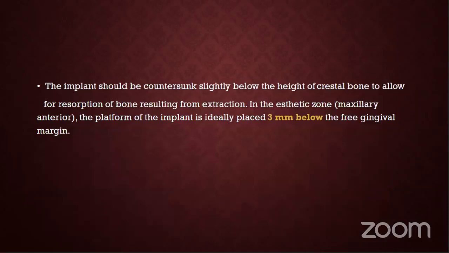The implant should be placed slightly below the height of the crest bone, about 3 millimeters below the free gingival margin, to compensate for the resorption of bone resulting from extraction, especially in the aesthetic zone.